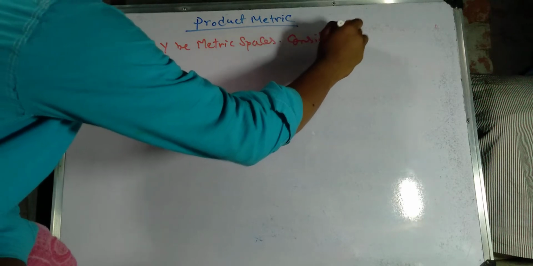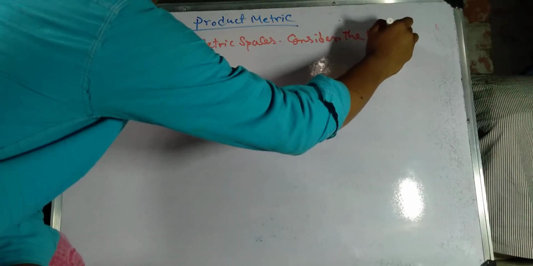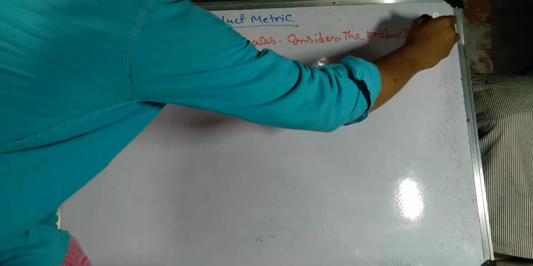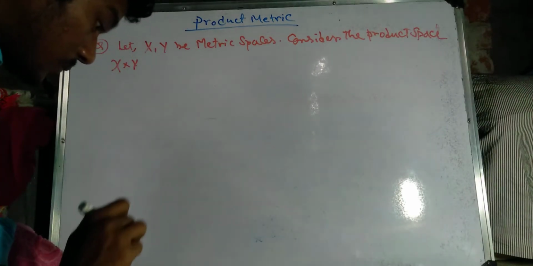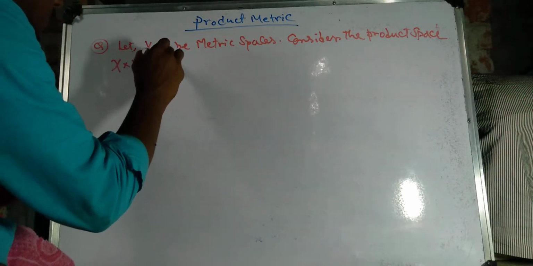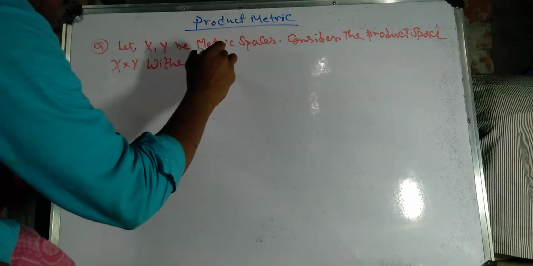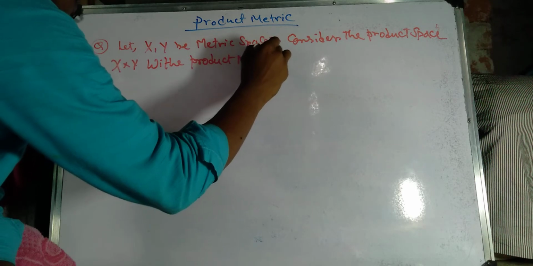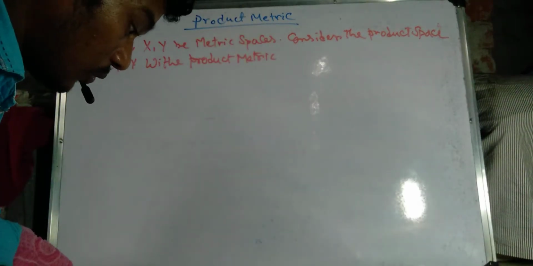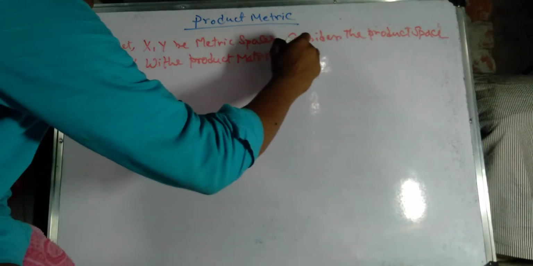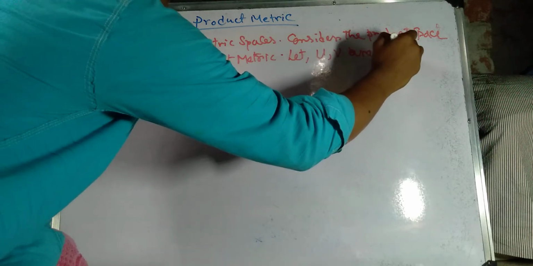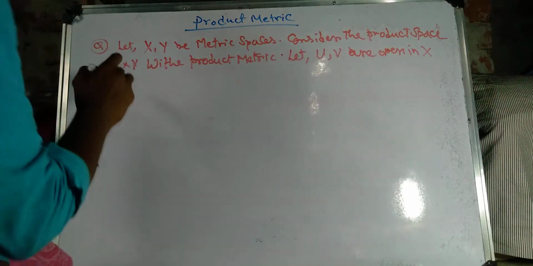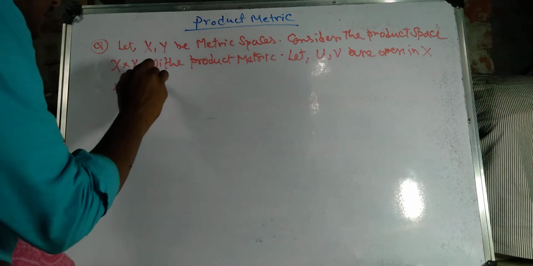Then consider the product space X cross Y, X Cartesian product Y with product metric. Then let U be open in X, V open in Y respectively.